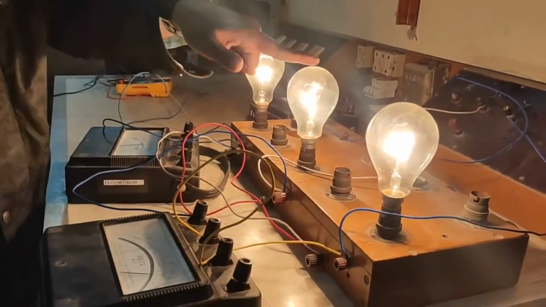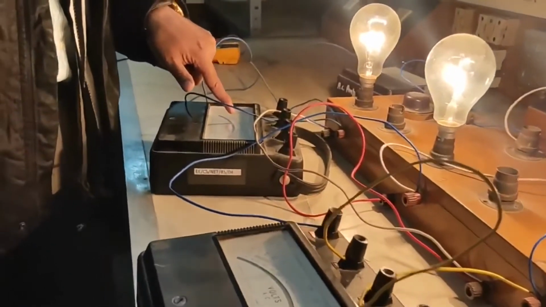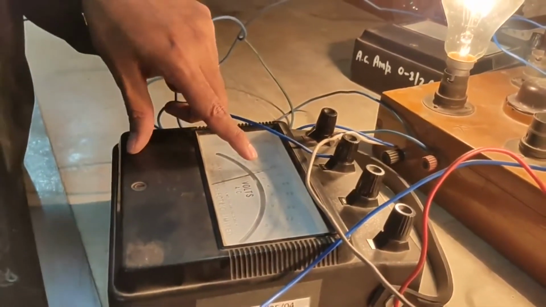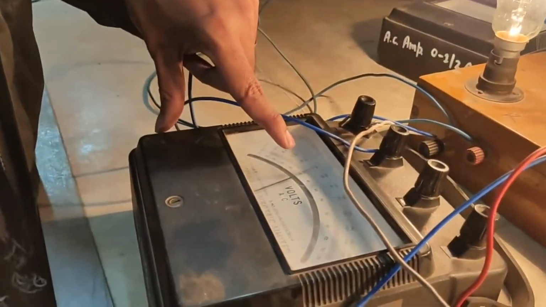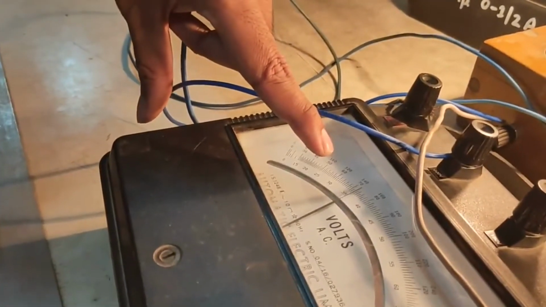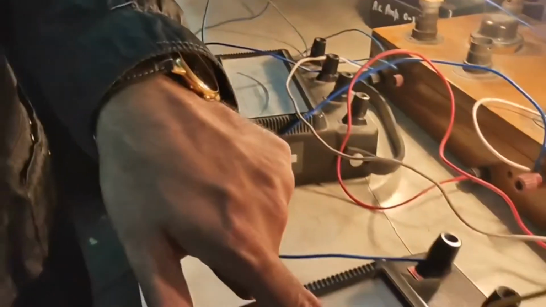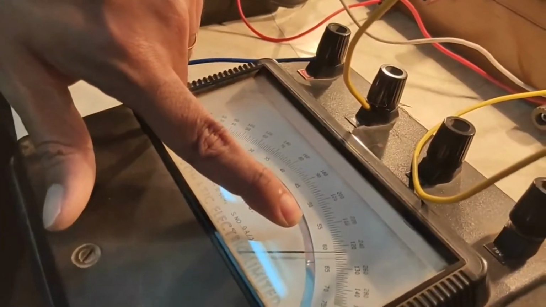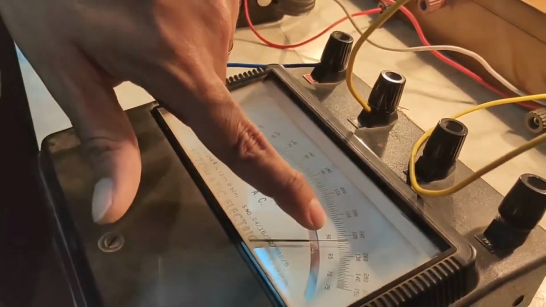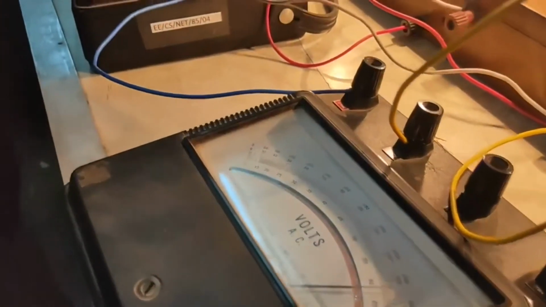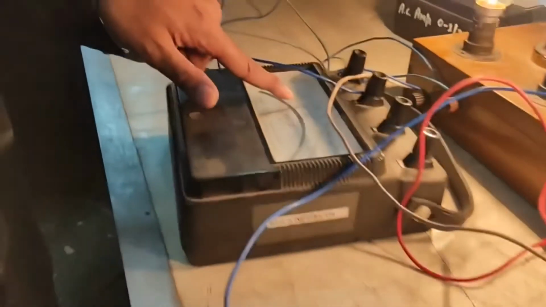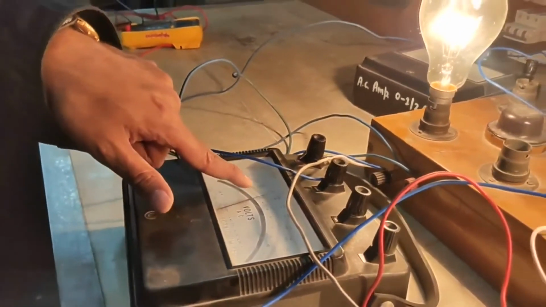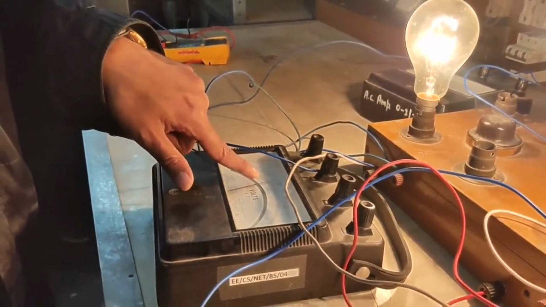You can see these lamps are glowing, and this voltmeter is reading the line to neutral voltage. So you can take the reading. This voltmeter reads the line to line voltage, and as you can see, this voltmeter reading is about root 3 times the reading of this voltmeter, or in other words, the line to line voltage is square root 3 times the line to neutral voltage.